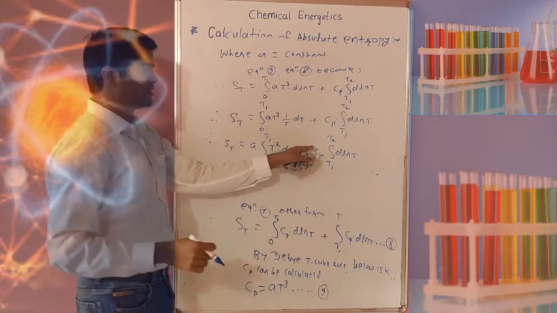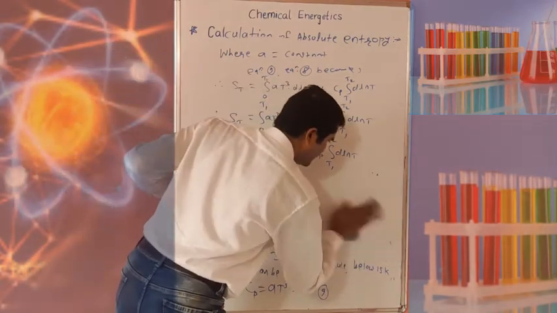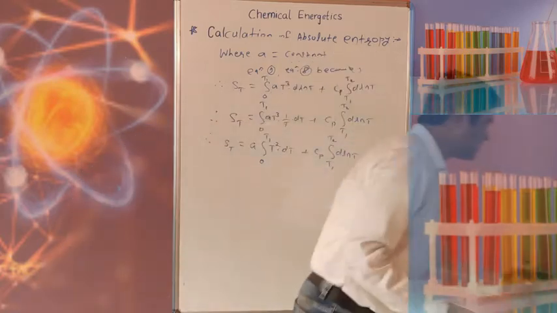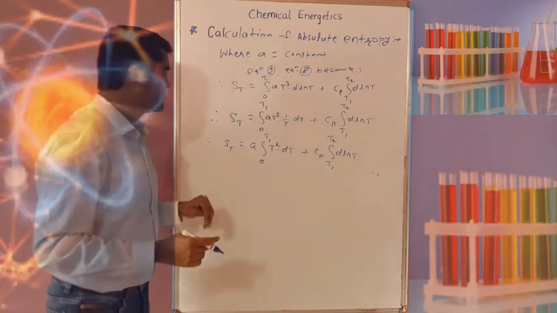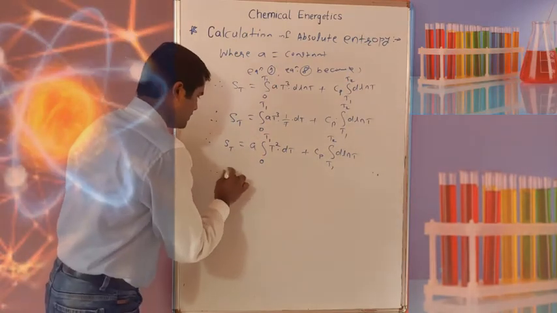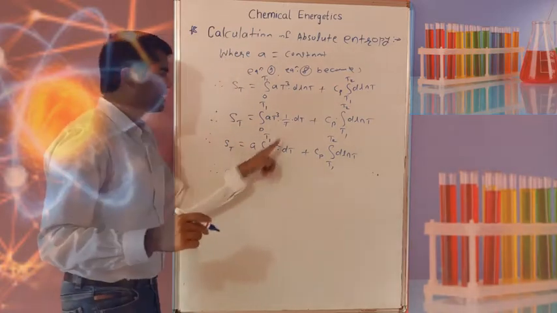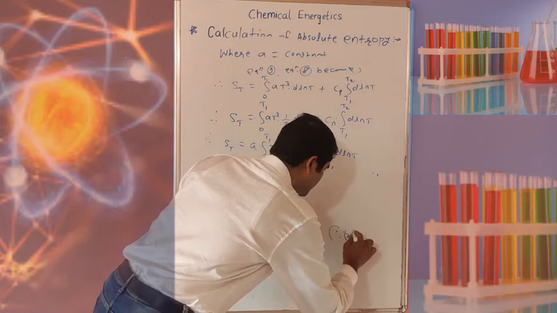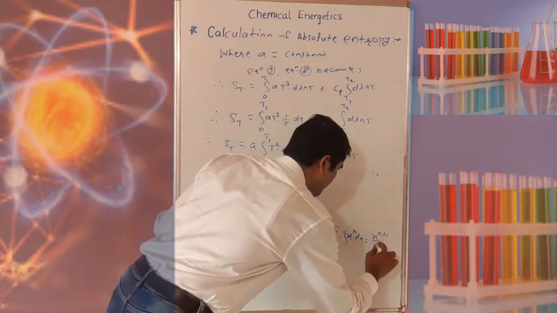Here we are taking Cp common, but below T1 we can't take it directly, because till 15 Kelvin Cp cannot be calculated directly, and we have to use Debye T-cube. Now we can use the formula: integration of x raised to n dx is equal to x raised to n plus 1 upon n plus 1.